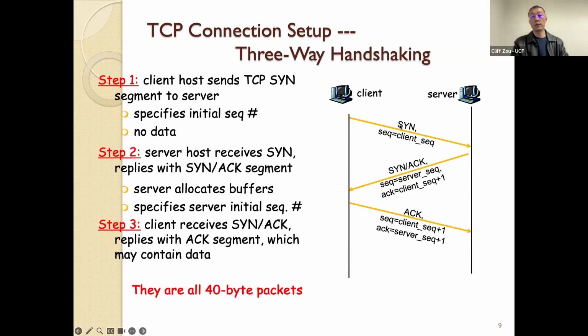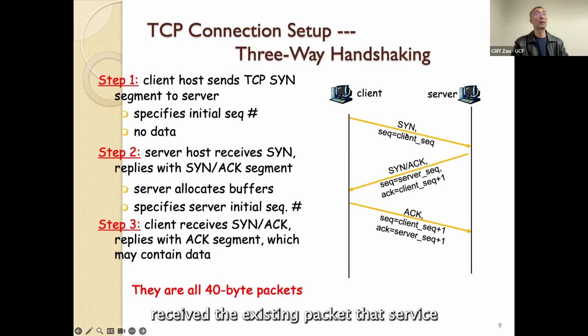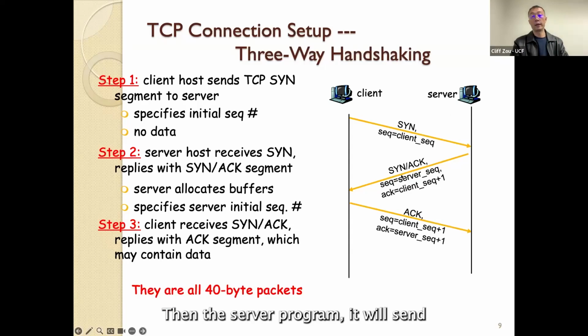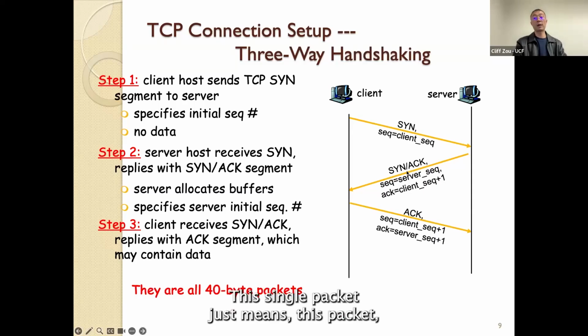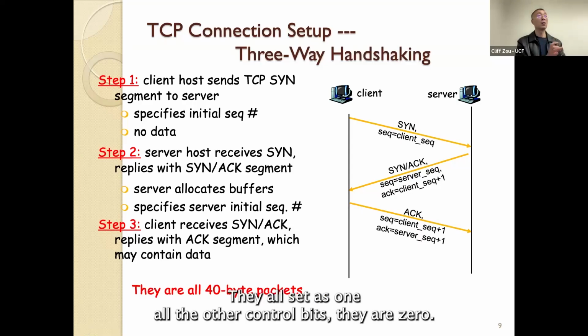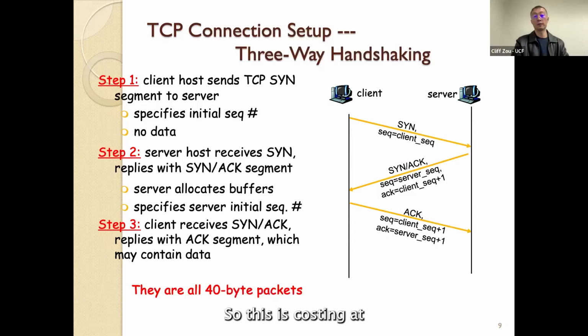When the server receives this SYN packet on that service port, like port 80, then the server program will send a SYN-ACK packet to the client. This SYN-ACK packet just means that the SYN bit and ACK bit are both set as 1. All the other control bits are 0.